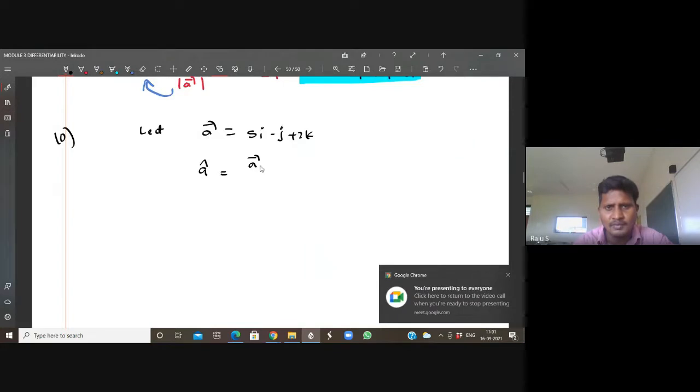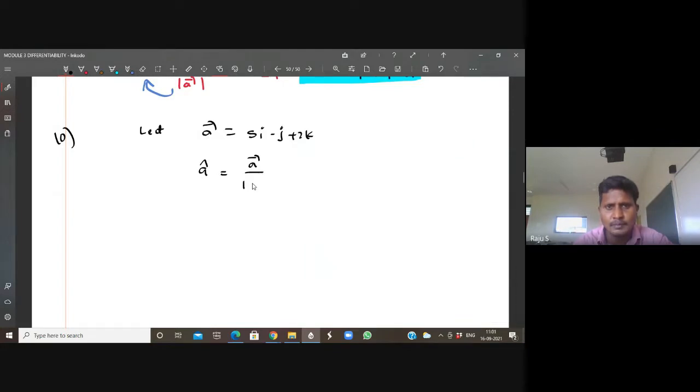A cap is equal to vector A by magnitude of A. That is 5i minus j plus 2k by magnitude of A, which means root over 5 squared plus minus 1 squared plus 2 squared.